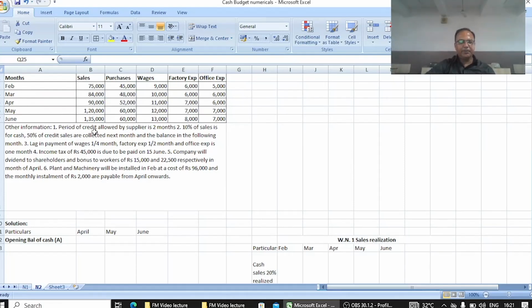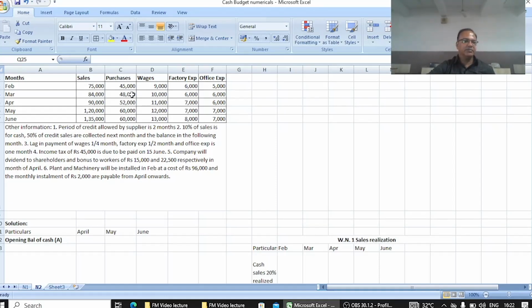Here it's given that period of credit allowed by supplier is 2 months. Purchases 45, 48, 52. It means if we are purchasing raw material in month of February, we are paying in month of April.